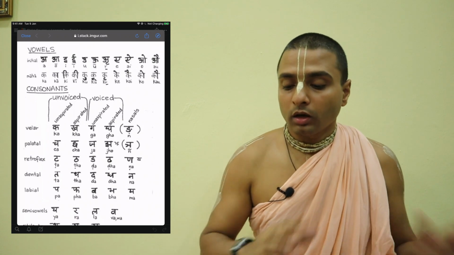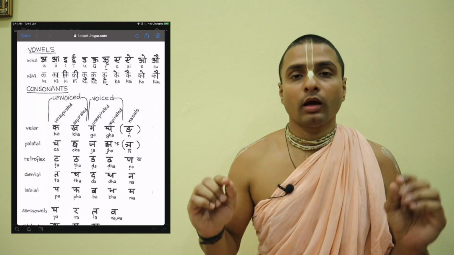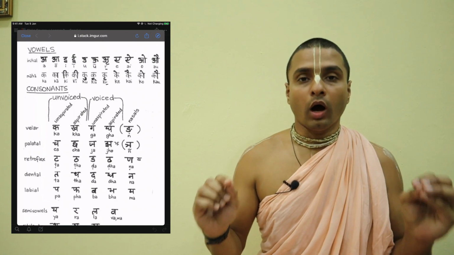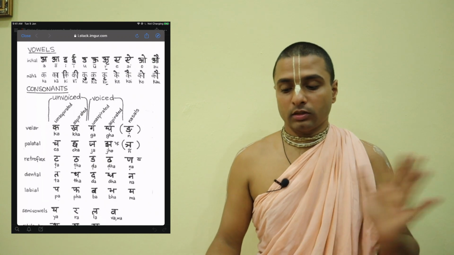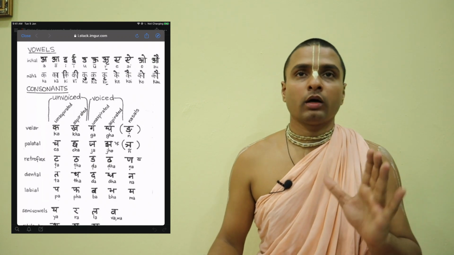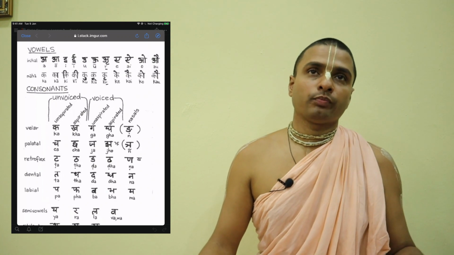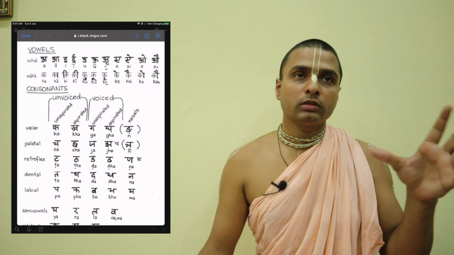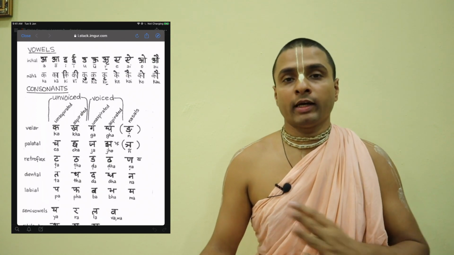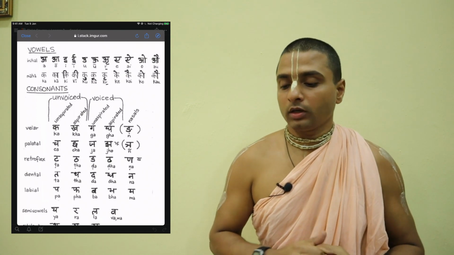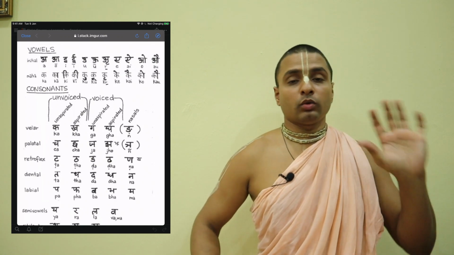So then A, I, U, R, and then E, Ai, O, Au, Aha. Aha is Anuswara and Visarga in Sanskrit. So they are not exactly vowels, but they are put there along with the vowels because they usually come at the end of the consonant. So now we will try to understand these vowels.